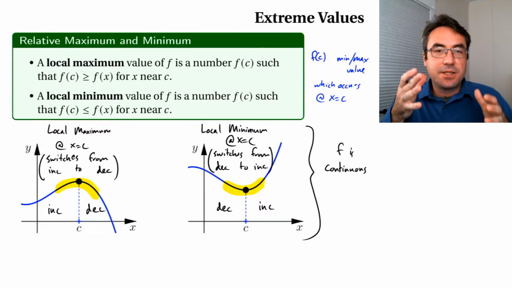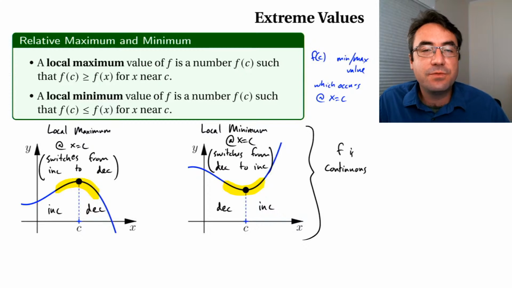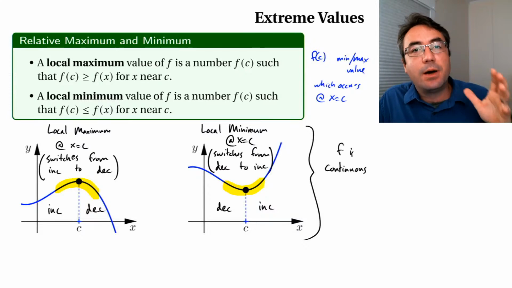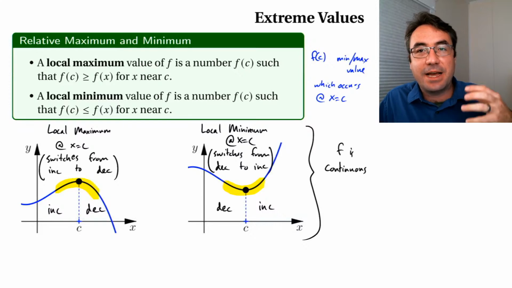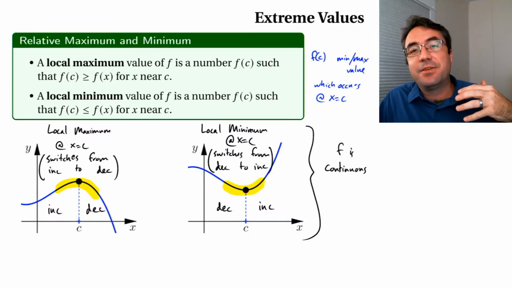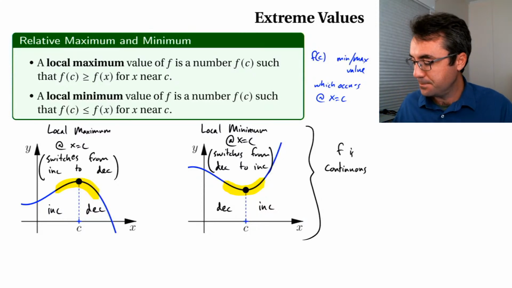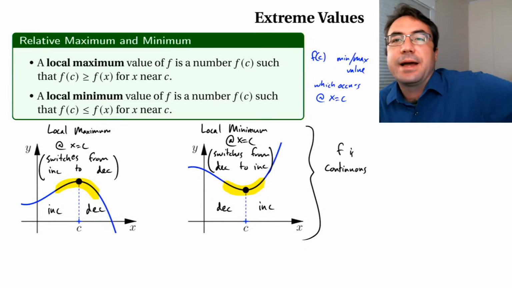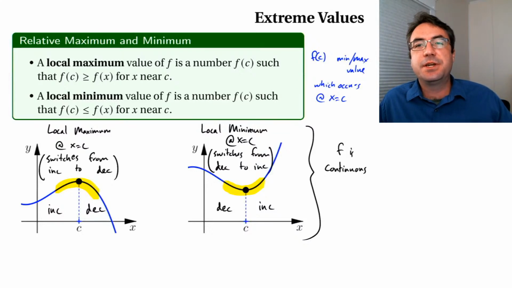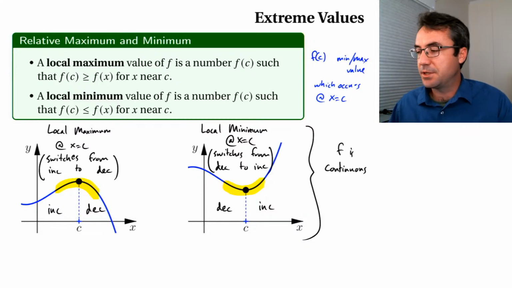So sort of x is the location where the max or the min occurs, and then y, the function value, is the actual minimum or maximum value of our function. So it's just kind of a thing to remember. F of c is the actual value of our function, and then the max or the min occurs at x equals c. All right, so that's local min, local max. So we're just kind of going through some definitions here, and we'll look at some examples dealing with these definitions as we go.